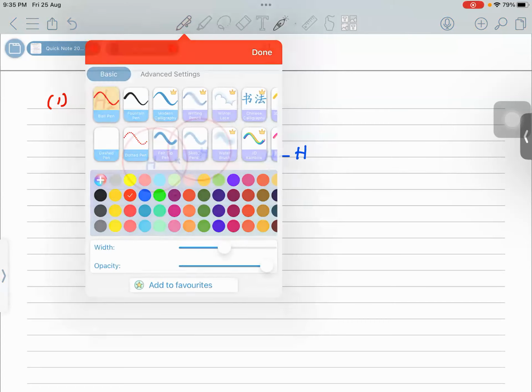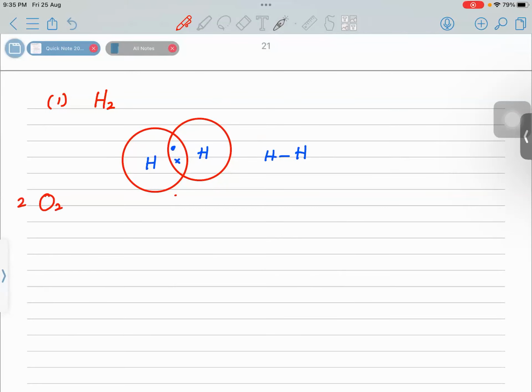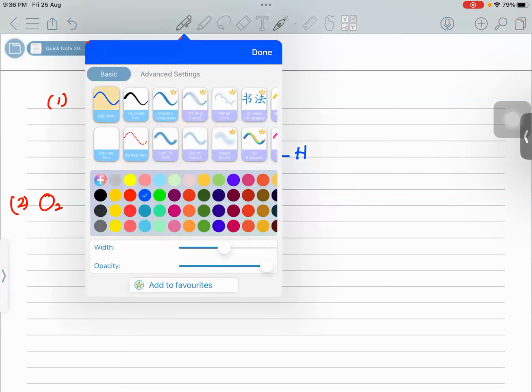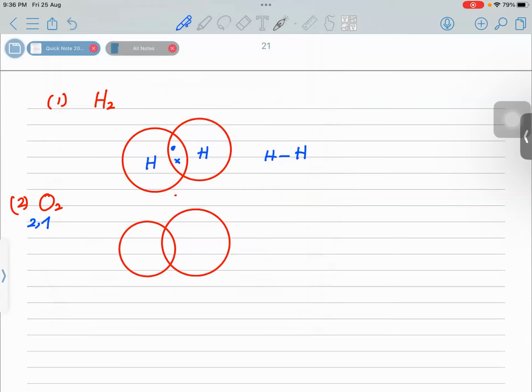Now double bond, O2. Now oxygen has 6 electrons, you all know. 2 and 6, and you know that 8 electrons are there. So how many valence electrons in an oxygen atom? 6.